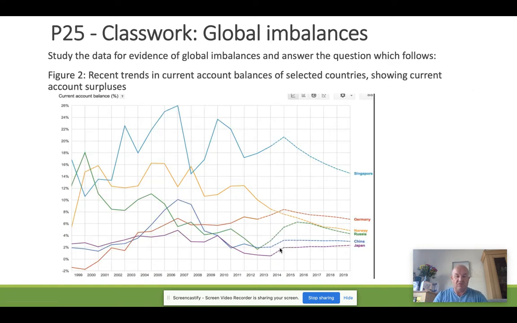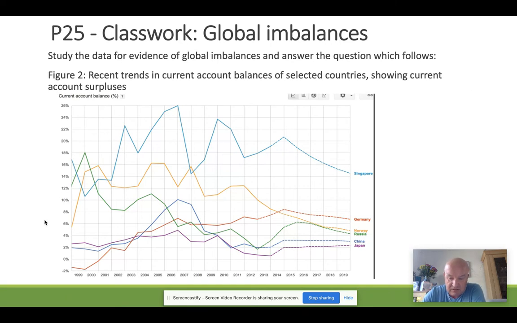Looking at the next example then, in this instance we've got further graphs which talk more specifically about those countries that are running current account surpluses. Okay, now you can see we've got Singapore, Germany, Norway, Russia, China and Japan. Now again, there are going to be reasons why they are in surplus as opposed to deficit, and that could range from them being more internationally competitive.